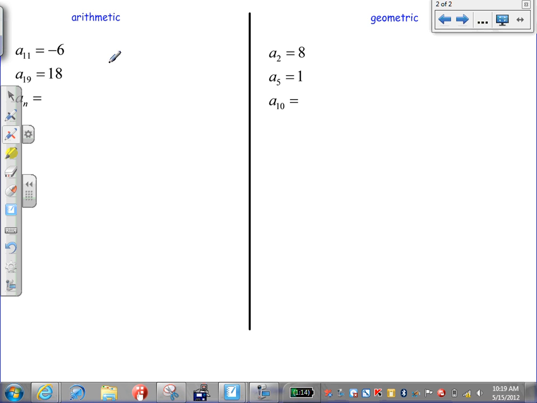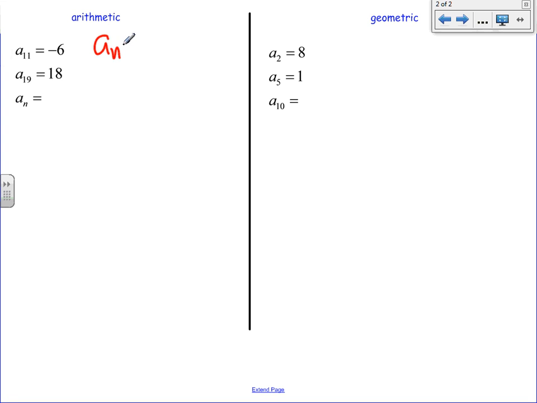Being this arithmetic term, we're going to start with a sub n is equal to a sub x plus d to the n minus x power. Now, a lot of times x in this case is 1, but notice we're not given the first term, so we have to go with the initial term. The x term is the first one, and the n term is where you want to end up.